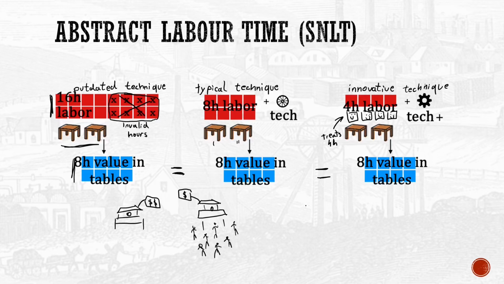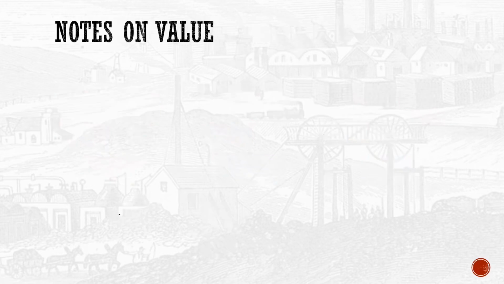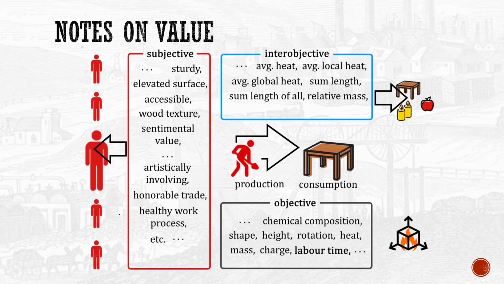Simply put, labor time of backwards producers is snatched from them by the market and redistributed to the innovative ones, in accord with the average social necessary labor time for that good in that society. So from all of this, we have one abstract interobjective property rising to rule them all. We have isolated this to be social necessary labor time, and this to be the abstract kernel of a value.